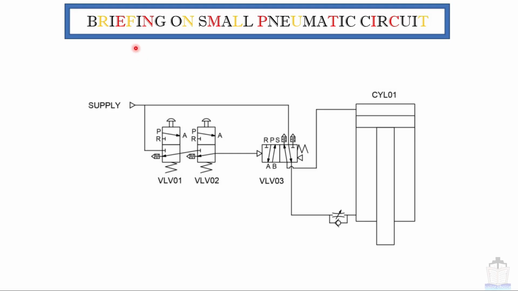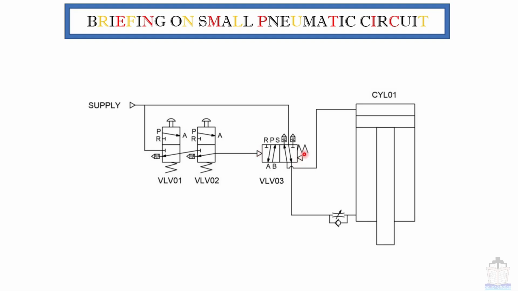Now as I told you before, I will brief this pneumatic circuit and I will also explain with the help of animation. Alright, so now this is the main supply air. This supply air is going to valve number 1, and if valve number 1 is operated, then air will reach valve number 2 and thereby it will go to valve number 3 and we will do pilotage from here.